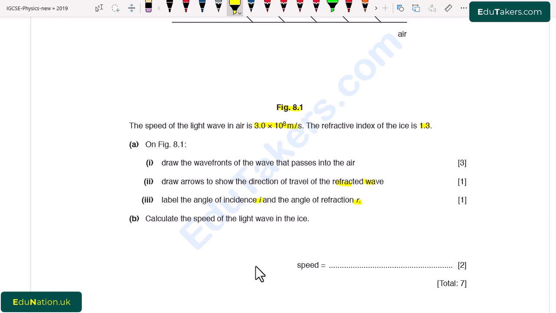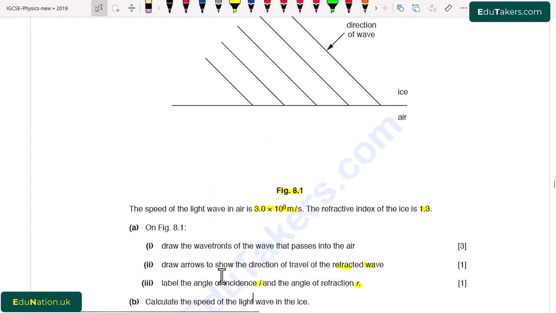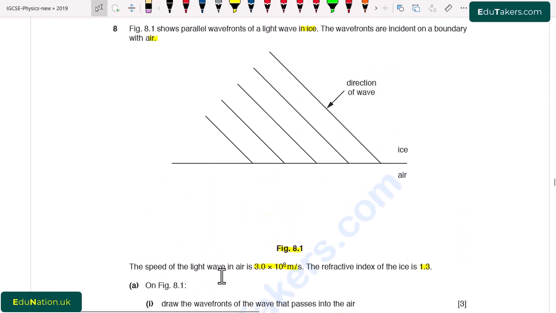So going back to the diagram, we can see that these are the parallel wavefronts that are incident on the ice-air boundary, and when we have to find out the refracted angle, we have to draw the normal. In this figure, these are the incident wavefronts and they fall on the ice-air boundary.